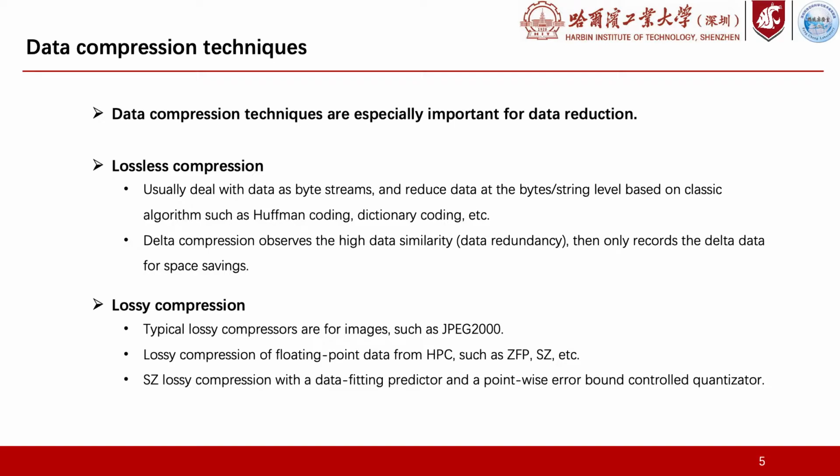Focusing on SZ, it is designed for scientific data to get a high compression ratio by exploiting the characteristics of floating-point numbers. Specifically, there is a data-fitting predictor in SZ's workflow. The predictor outlines the characteristics in floats for prediction while ensuring the point-wise error control on demand.